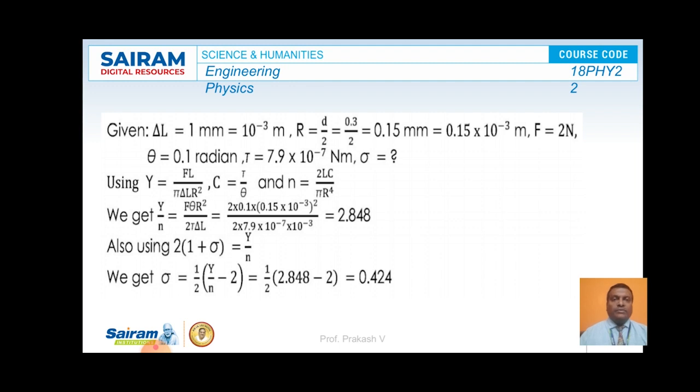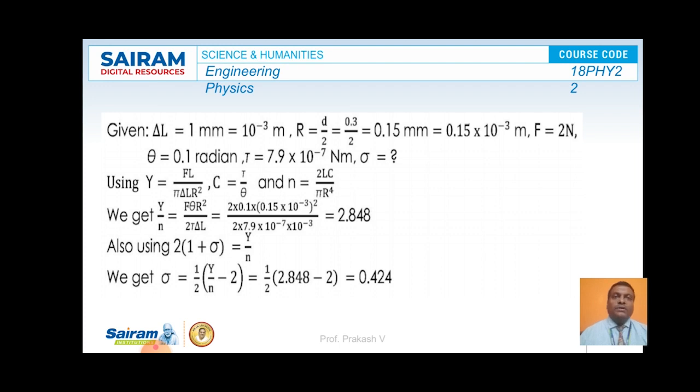We know that Young's modulus is equal to FL by pi delta L r square, and the value of C is nothing but T by theta, and N is nothing but 2LC by pi r to the power of 4. So with the help of these, we get y by n as F theta r square by 2T delta L. Then the value of y by n is equal to 2.848.